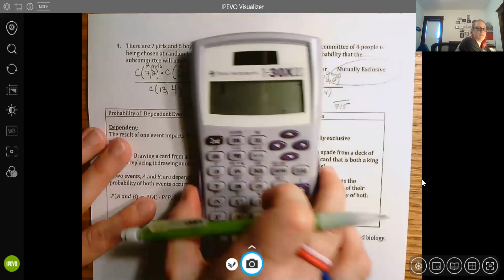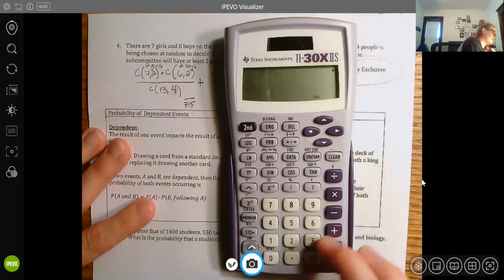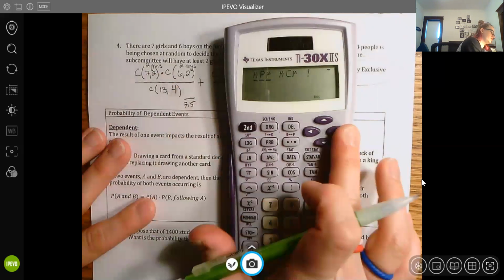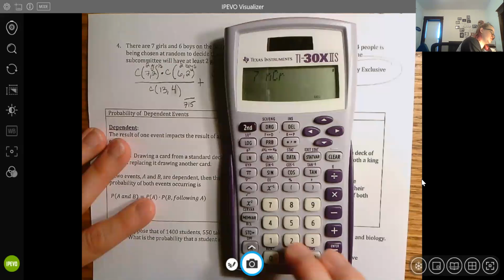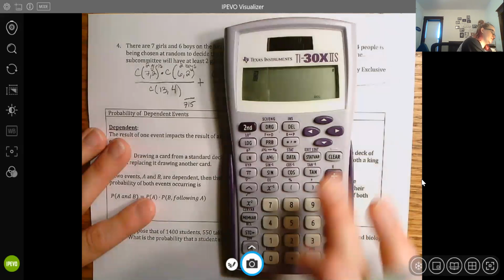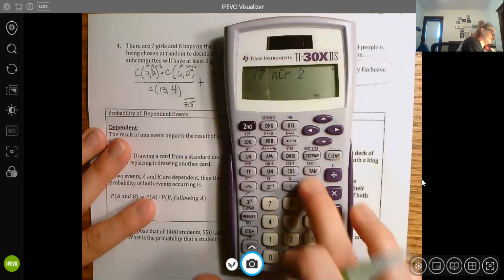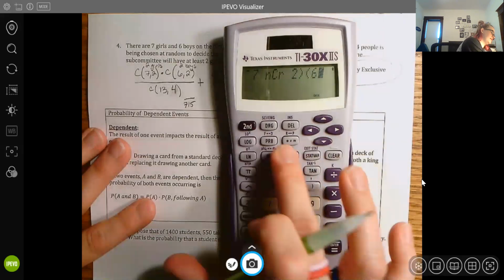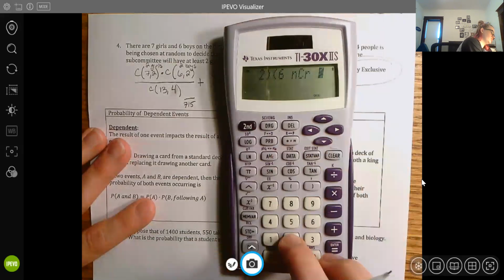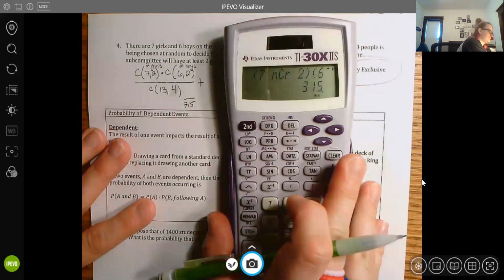Okay, so now remember, you can put these in at the same time on your calculator. 7, go over to combination, choose 2, times, I should put that in parentheses just to be on the safe side, 6, combination, choose 2. And I get 315.